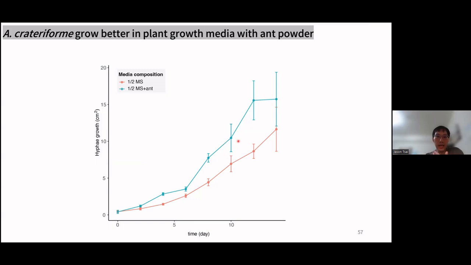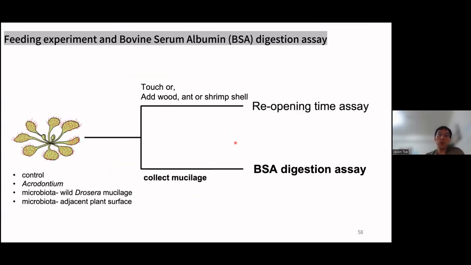By day 10, hyphal coverage in the ant-enriched media was nearly double that of the control, suggesting that the fungus thrives in a nutrient-richer condition, similar to those provided by the breakdown of insect prey in Drosera mucilage. So we designed another digestion assay.